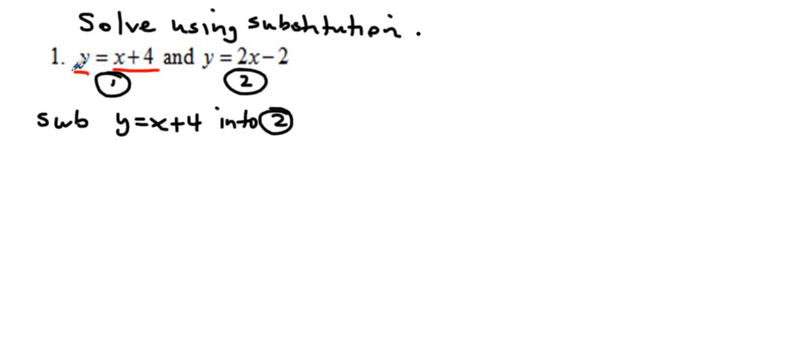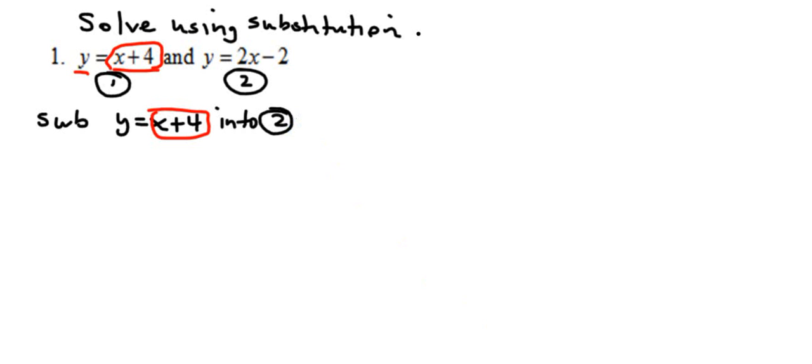And remember, when we're solving, what we're looking for is where those y's are the same. So we are finding the x value for equal y. So I'm assuming these y's are the same. So I can replace this y with this expression. Okay, so I'm subbing in y equals x plus 4 into 2.